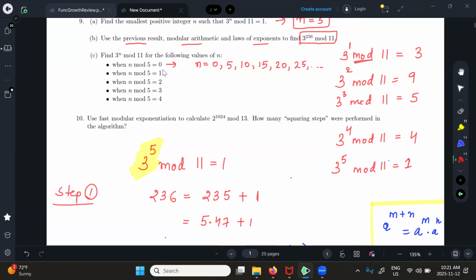But it doesn't matter. This is what they are telling you. When n is all this, I know that my mod is 1, right? So for all of them, for 3 to the power n, my answer will be 1.